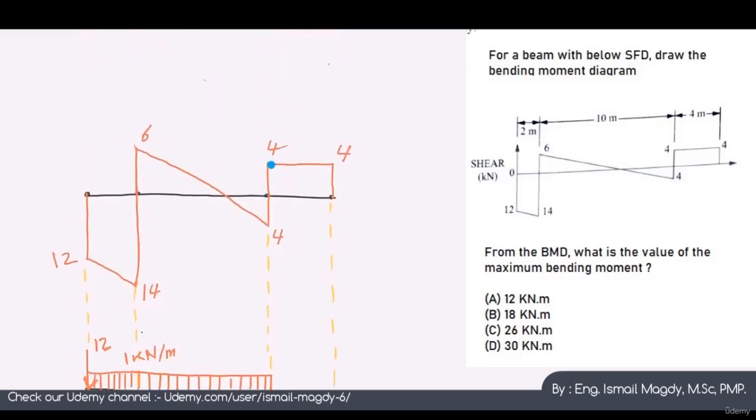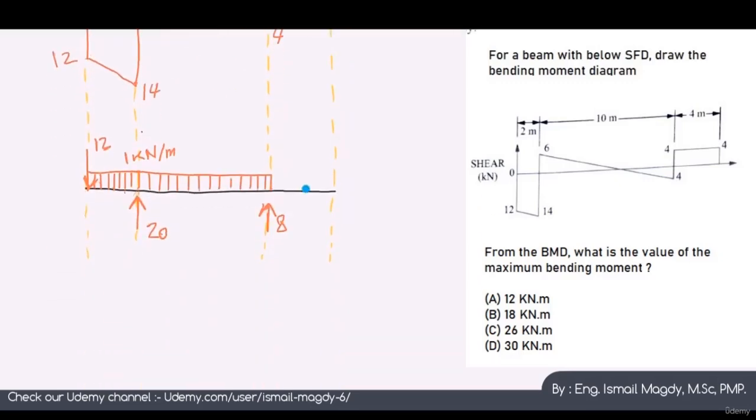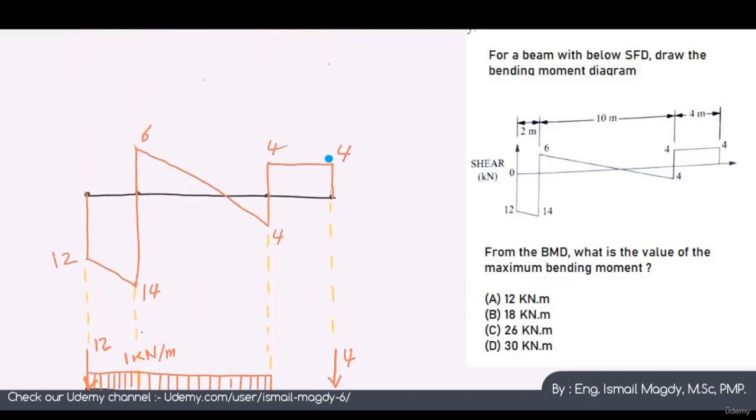If we look here, it will keep going straight. So it means that there are no other forces in these 2 meters of the beam, and it went down again. So it means that the distributed forces stopped here, and we only have 4 kilonewton at the end, because it went, of course, from the 4 till the 0 in the end.